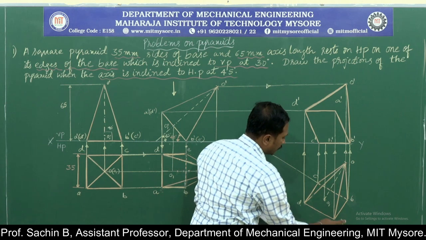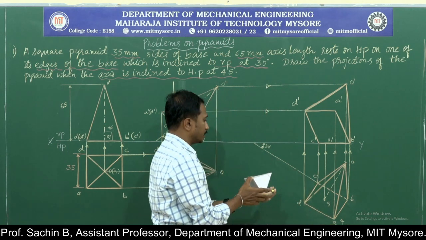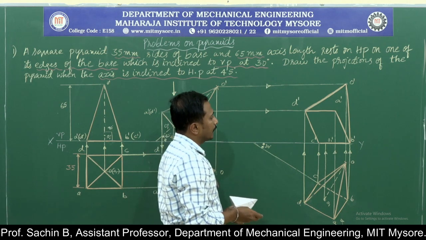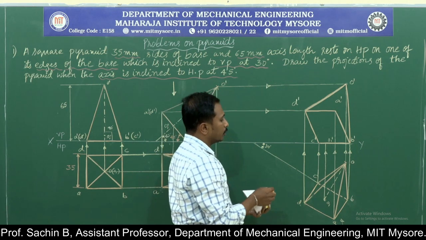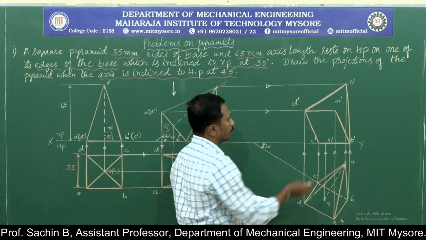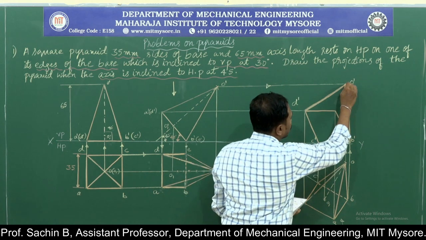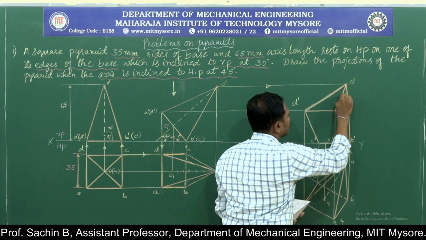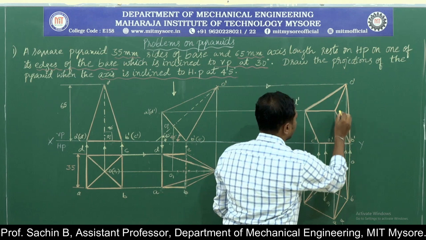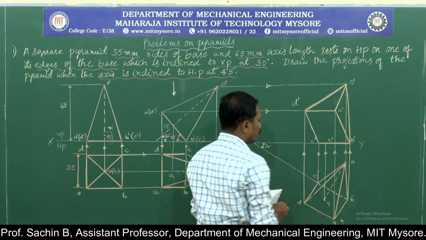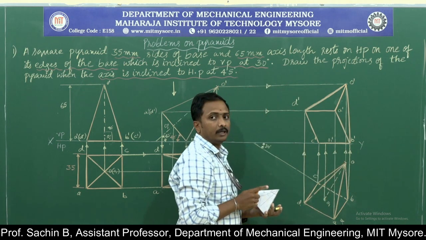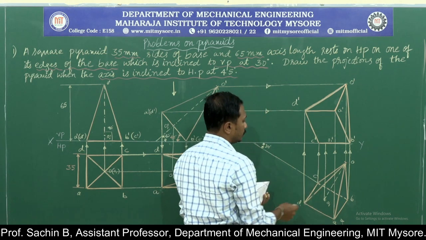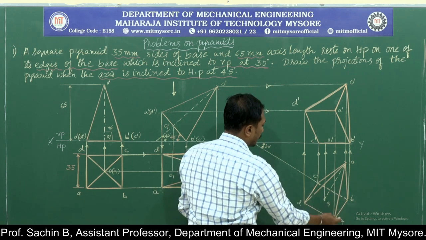Again, while viewing the object from this particular stage, one of the slant edges will be near to us. That is nothing but O to A is near to the observer. I am going to write O to A is clearly visible for us. And O dash to C dash is the only edge which is not visible for the observer because it is opposite to this particular slant edge.